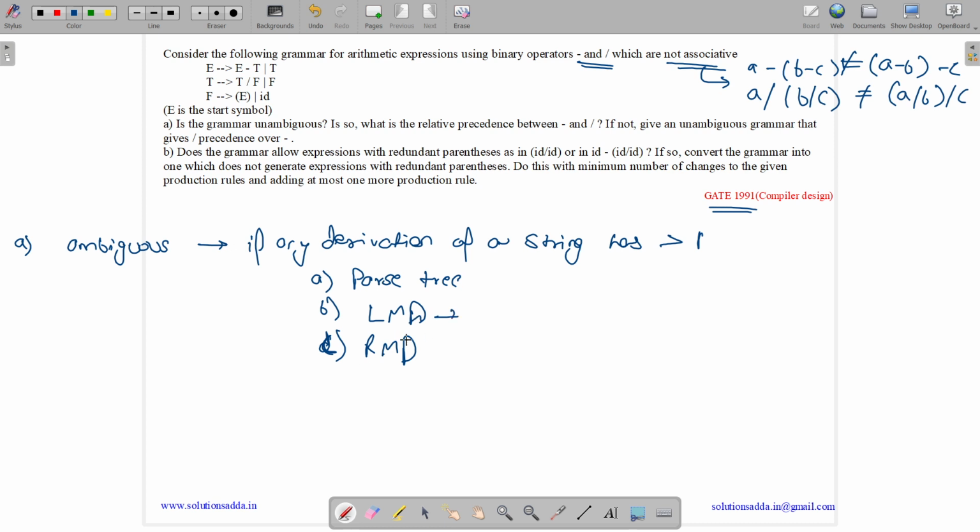In leftmost derivation, we are always expanding the leftmost non-terminal, and in rightmost derivation we are always expanding the rightmost non-terminal. But finding an ambiguity of a grammar is an NP hard problem.